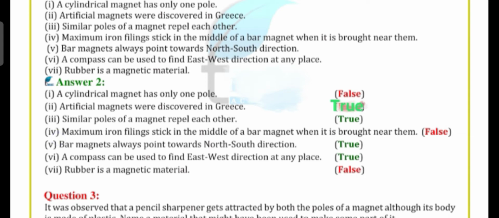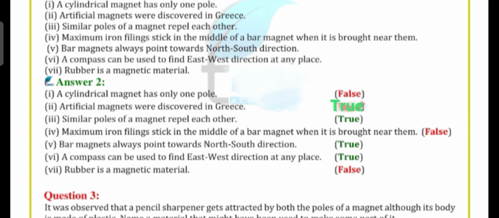Then fifth one, bar magnets always point towards north-south direction. Yes, it is true. A bar magnet always suspends in the north-south direction, that we have studied. Then sixth one, a compass can be used to find east-west direction at any place.